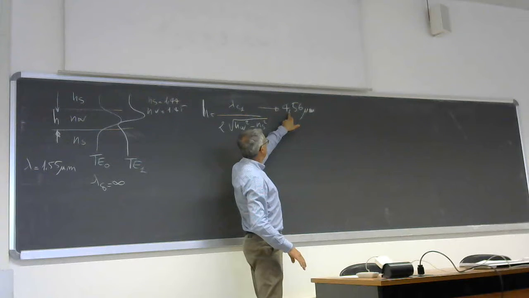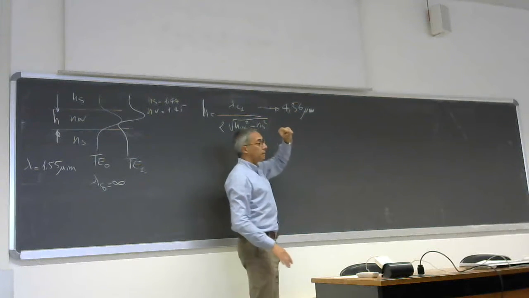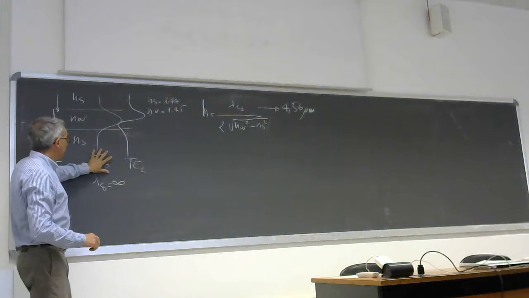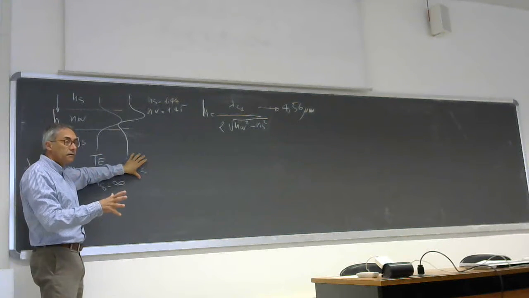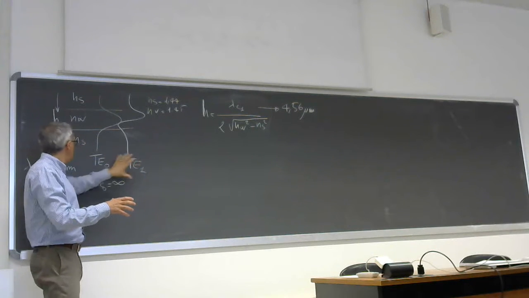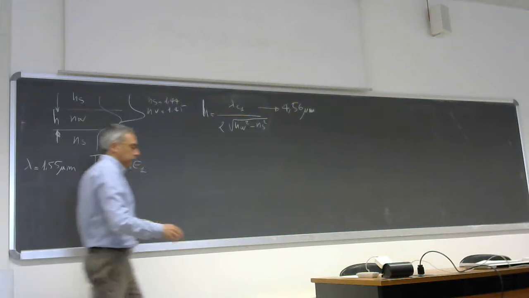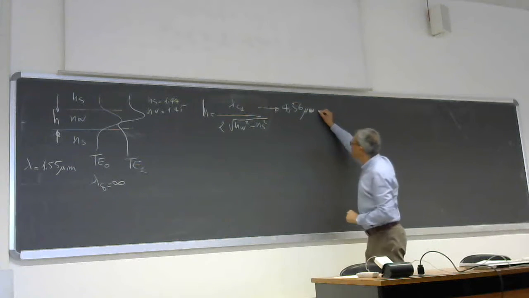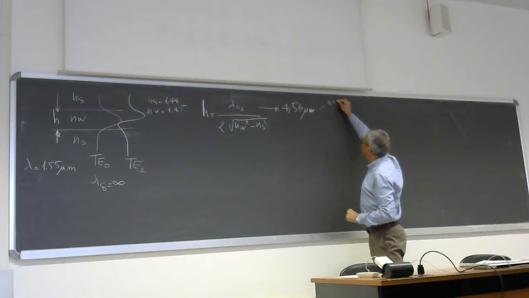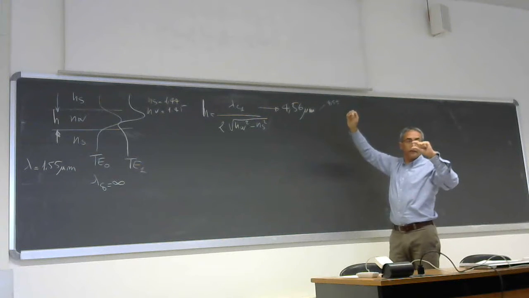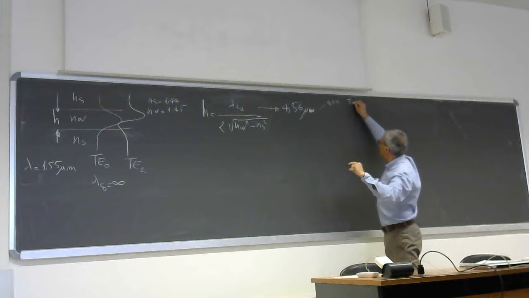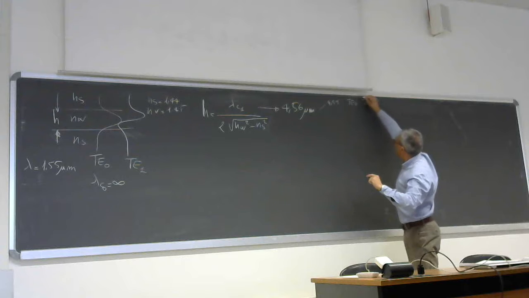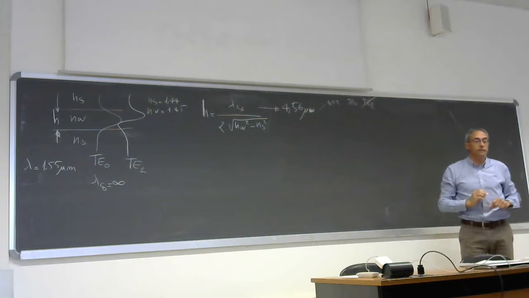If the thickness is 4.56 micrometers, this mode is guided, and this mode is at the cutoff. So if we do 1.55, a little bit thinner, the TE0 propagates and the TE1 is radiative.